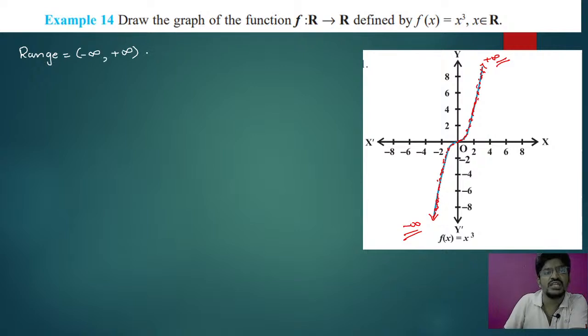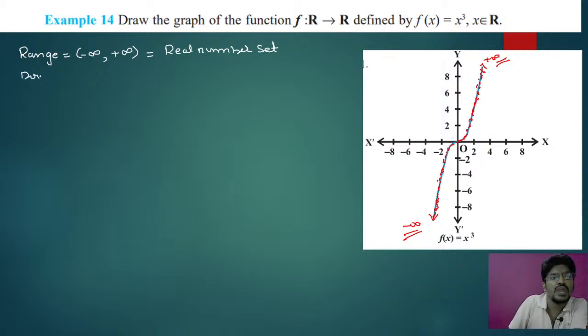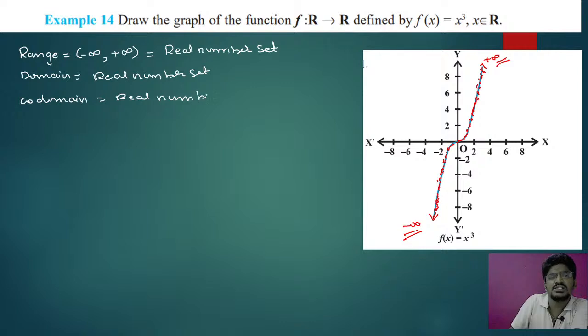This is your range. That you can tell it as real number set. Okay. Domain is also your real number set. Codomain is also real number set. Okay.